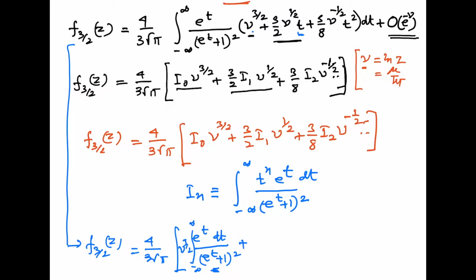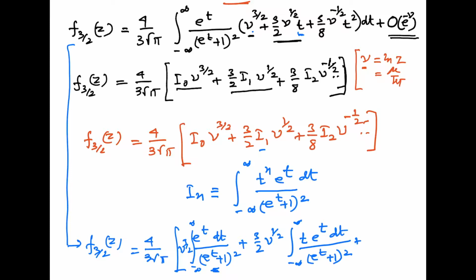Plus, now the second term, we have 3 by 2 nu to the power half outside, and what we obtain is the integral from minus infinity to plus infinity of t into e to the power t dt divided by e to the power t plus 1 whole square. So that is n equal to 1, I1, which we have over here.